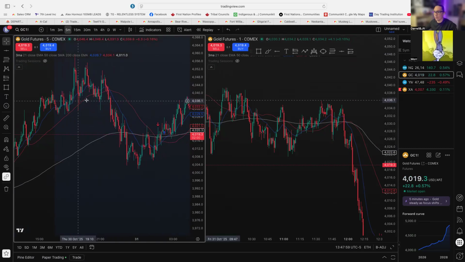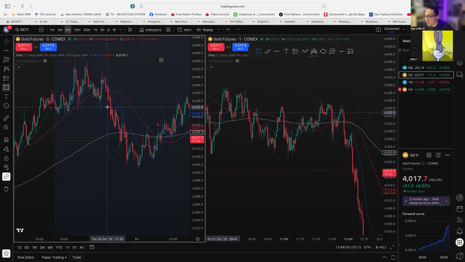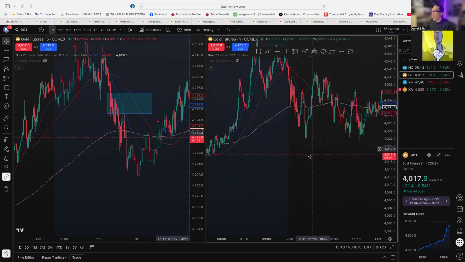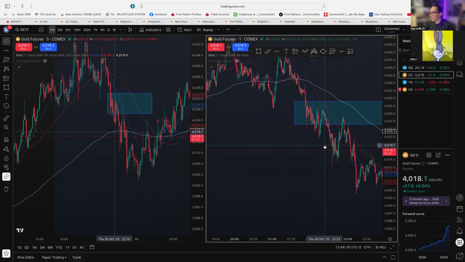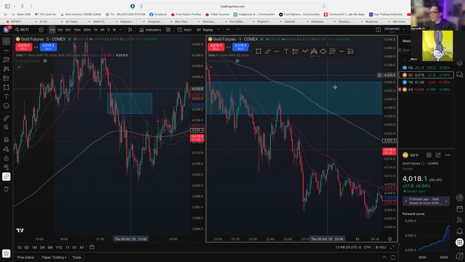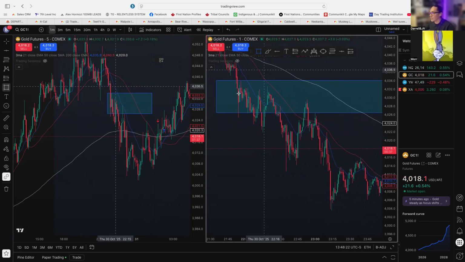So we broke below the structure point, this structure point. We're creating new lows, and then I see this supply right here. So I'm going from the top of that green wick to the bottom of the red candle, and then you go to your 1 minute. Sometimes you might not have time to mark a 1 minute supply.